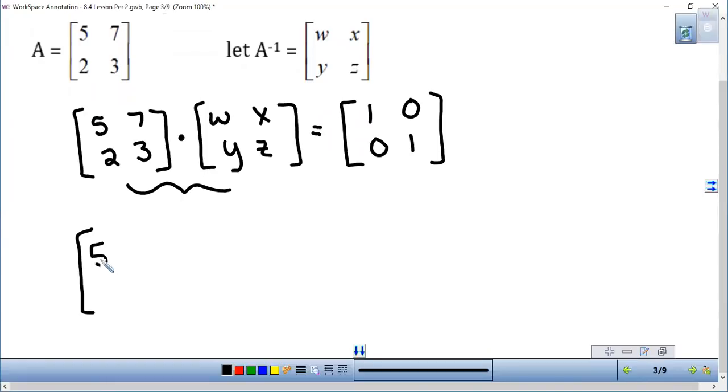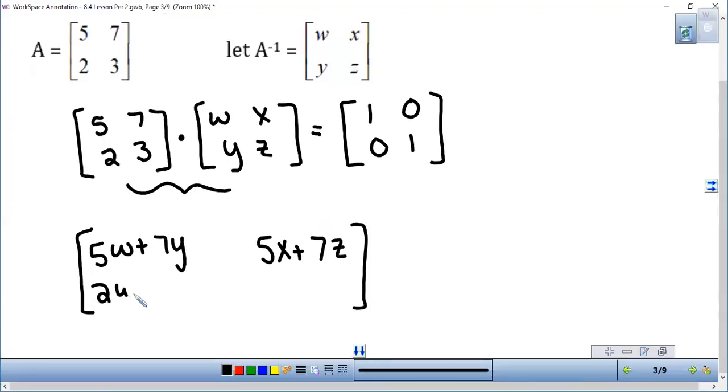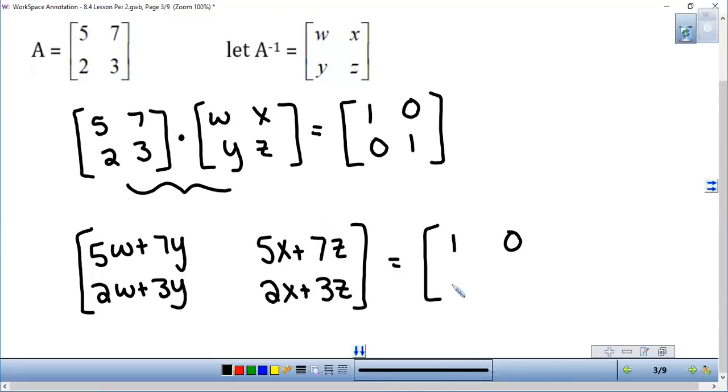That's going to be 5 times W plus 7 times Y. Then we'll do the first row with the second column, 5 times X plus 7 times Z. For the bottom row, we'll get 2 times W plus 3 times Y, and then we have 2 times X plus 3 times Z. So let's go ahead and put that equal to the identity. Now we have a 2 by 2 matrix set equal to another 2 by 2 matrix.